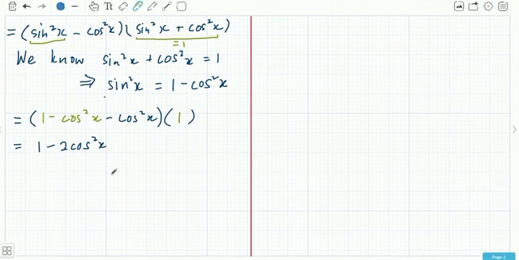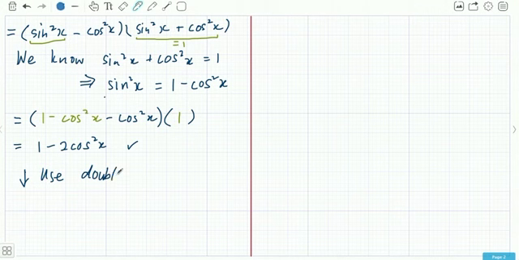Now because of this chapter, in 3A, we didn't actually know the double angle formulas. That would have been the end here. But with this, you could leave it in that form. But what we will do is go to the double angle formula because we've now done that.